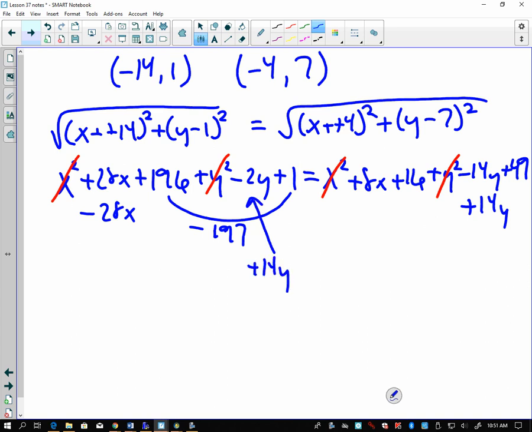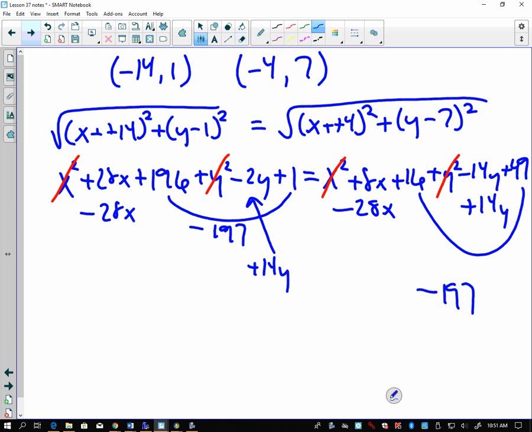Okay? All right? So, let's see. So, we've got 8x minus 28x. And we've got 16 plus 49, right, plus 197. So I got to find out what all of that's going to be. It is minus 197, you're right.